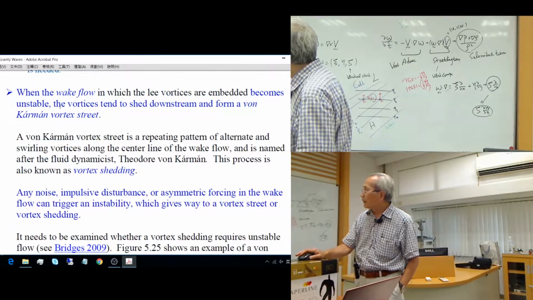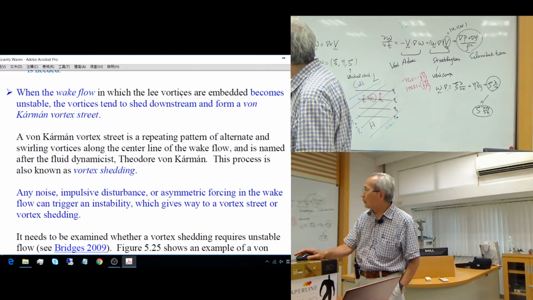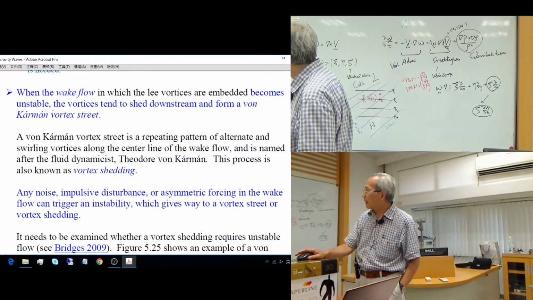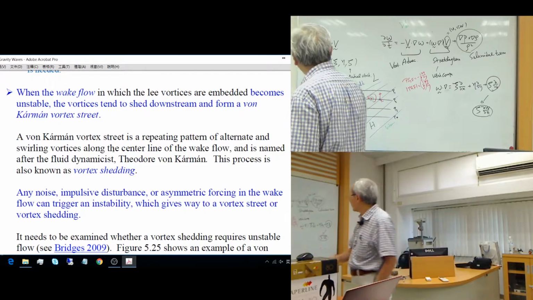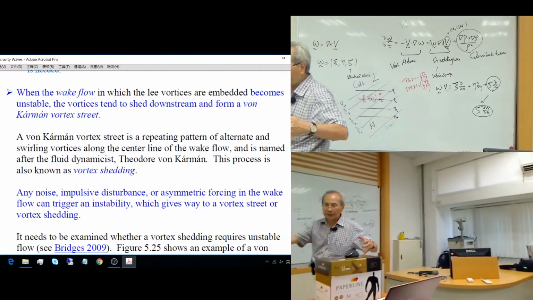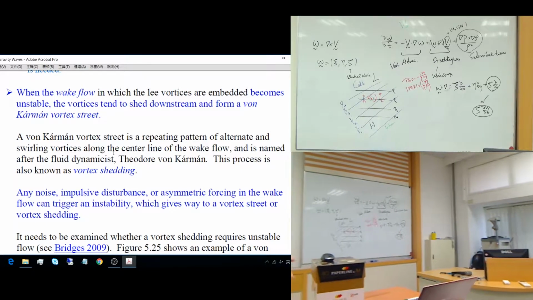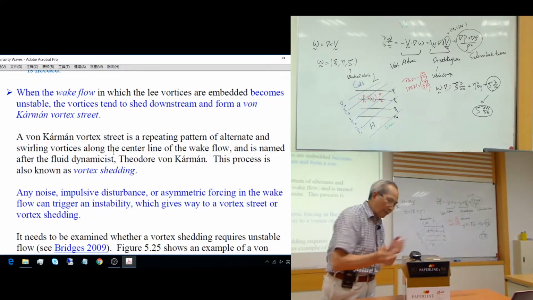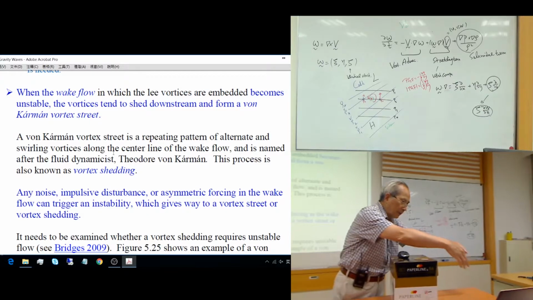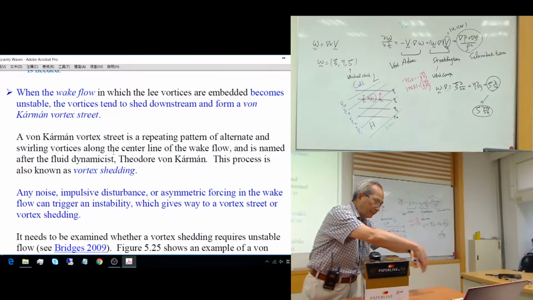Okay, so when the wake flow in which the vortices are embedded becomes unstable, the vortices tend to shed downstream. In other words, when we have a mountain like this, we're blocking, we got flow splitting, we got vorticity generated. A pair of vortices generated.